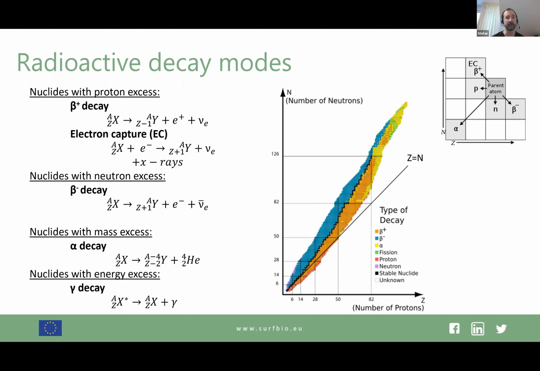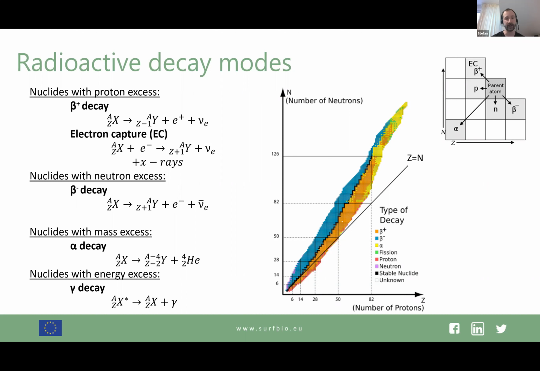Another way to do this is the so-called electron capture, where the nucleus catches an electron of the outer shell, and using that it can transform a proton in the nucleus into a neutron, and therefore reduce its proton excess. This is mostly followed by X-ray emission, because you have 1 electron missing in the electron shell.